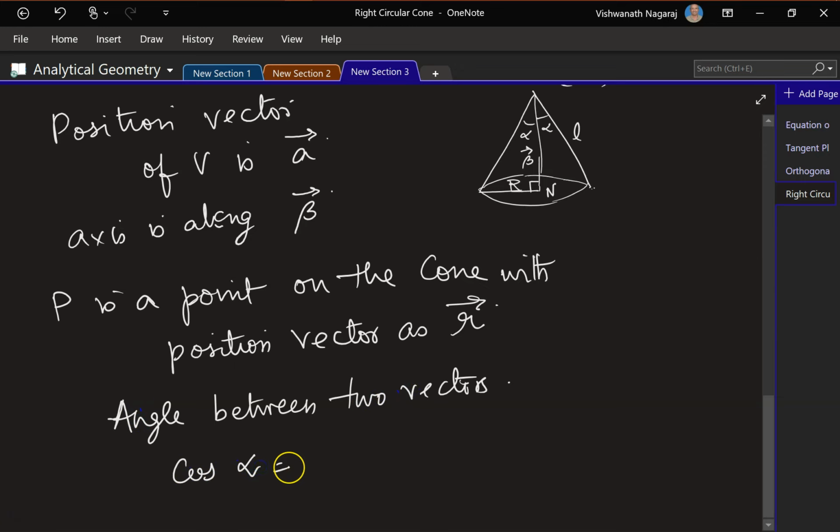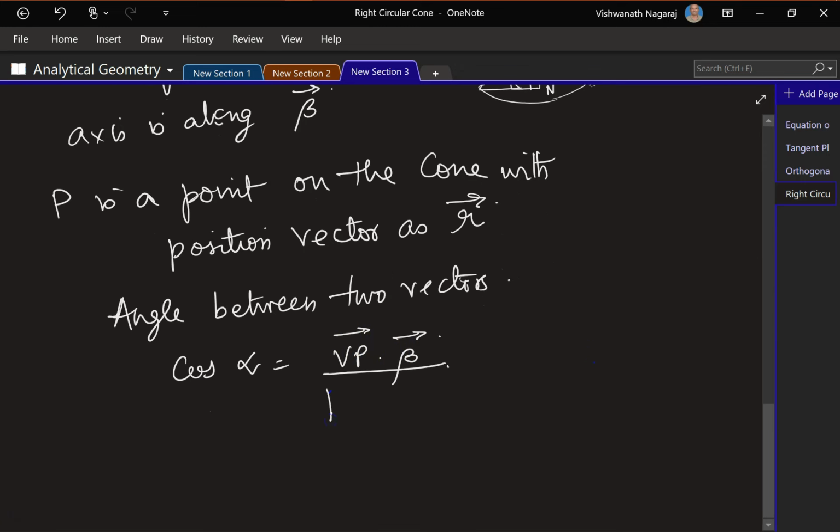Cos alpha is equal to VP dot beta divided by the magnitude of beta and magnitude of VP. Now remember, here beta is not equal to 0 and the magnitude of beta and magnitude of VP is not equal to 0.